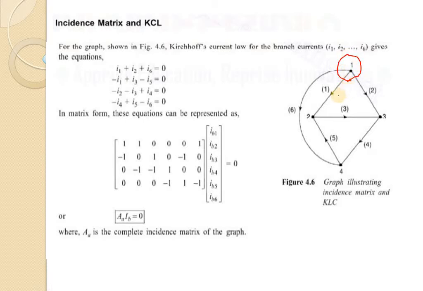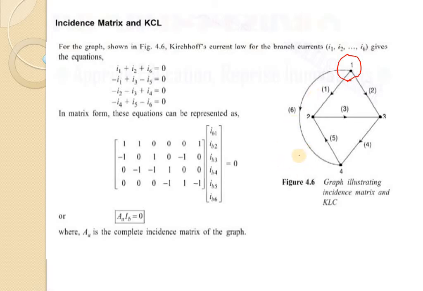So our first equation is I1 plus I2 plus I6 equals 0, because in Kirchhoff's current law, the summation of currents meeting at a node equals 0. Here all the directions are leaving the node, so we take them positive.